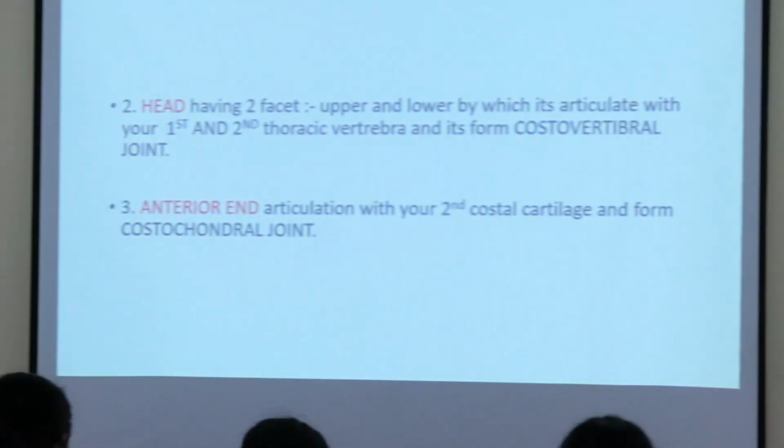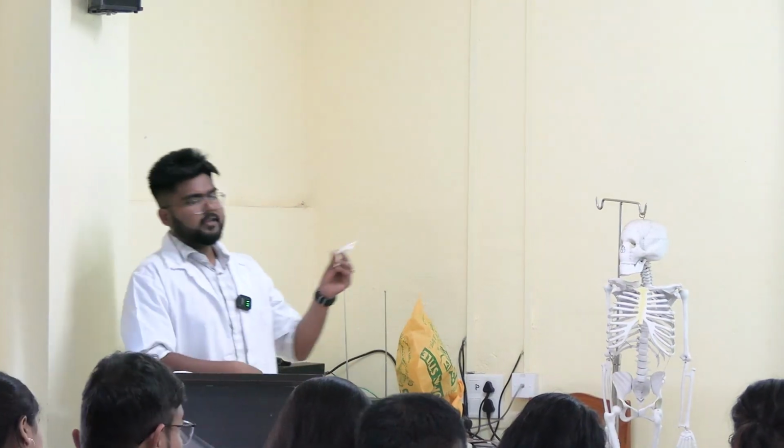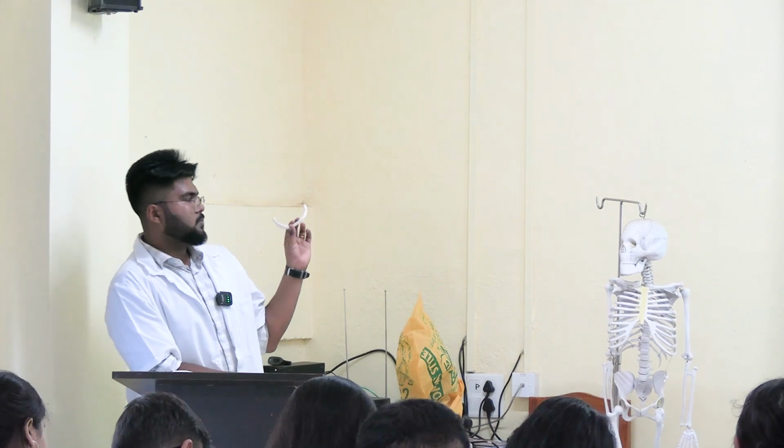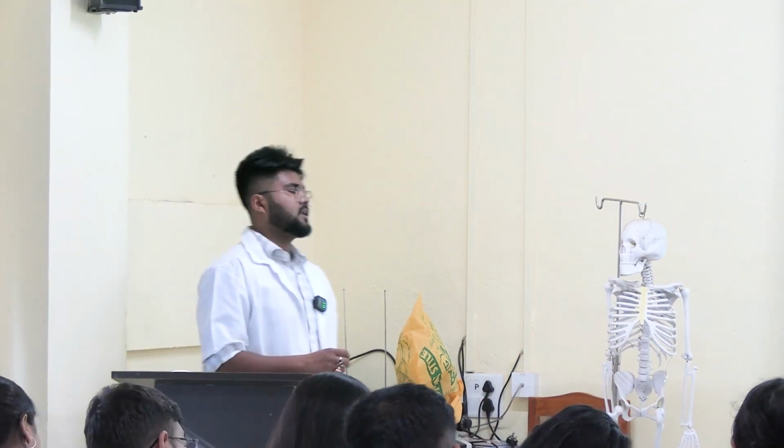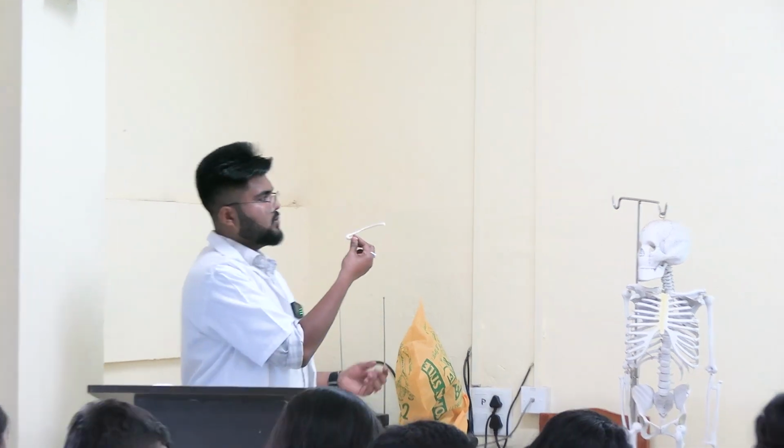So from the articulation point of view, in the tubercle part, an articulation and a non-articulation portion are present. This is mainly attached to your thoracic vertebra. Similarly, the head is also attached mainly to the first and second thoracic vertebrae by the upper and lower facets, and the anterior end is attached to your second costal cartilage, by which it is attached to your sternum, forming the costochondral joint.